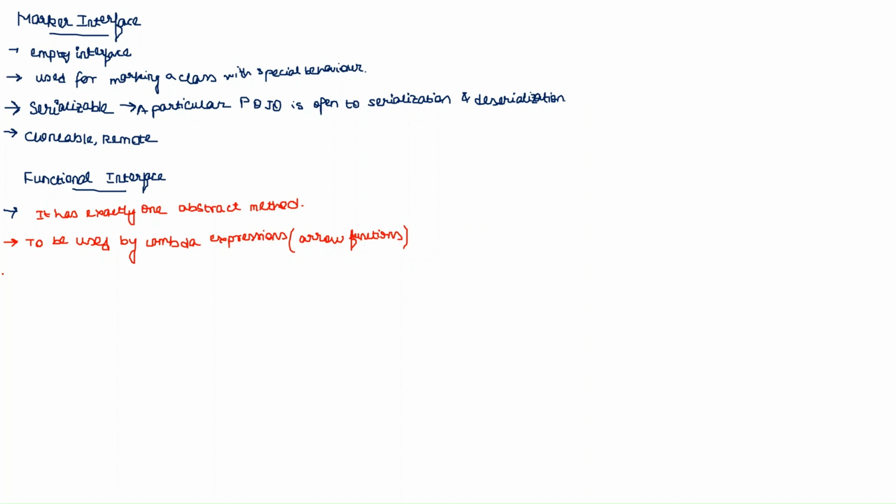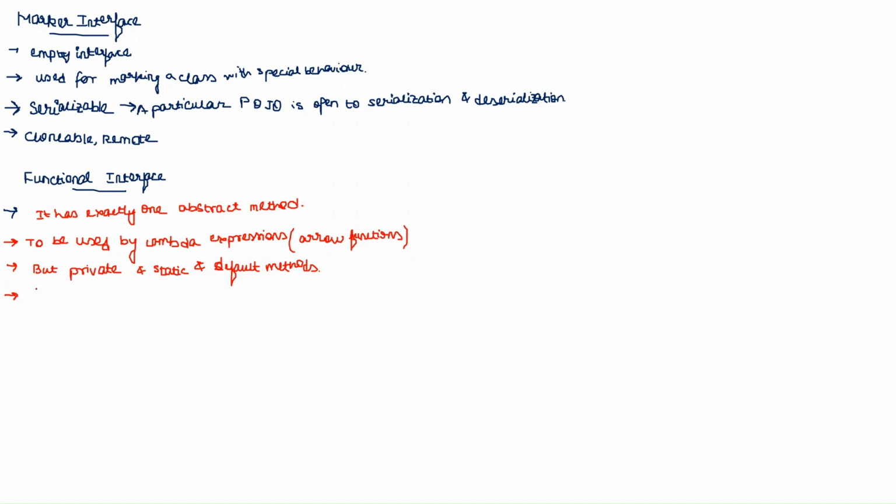So, what is the purpose of having functional interfaces? The basic purpose is to have exactly one abstract method, but it can have multiple private methods and even default and static methods. And in order to create a functional interface, you can't just claim that if my interface has exactly one abstract method, then it's a functional interface.